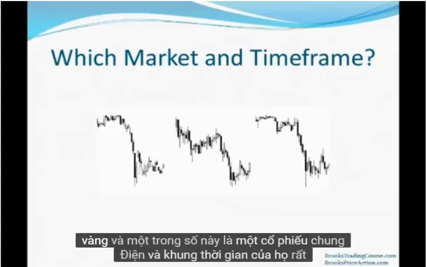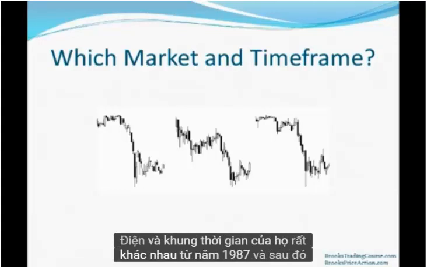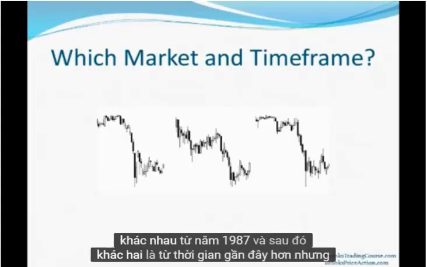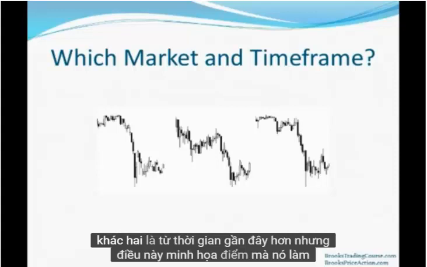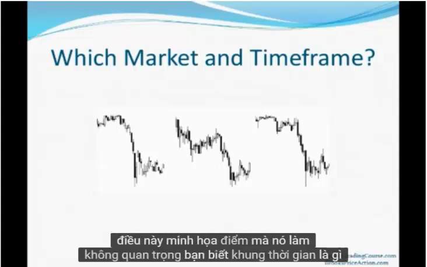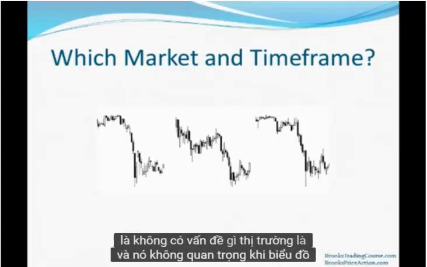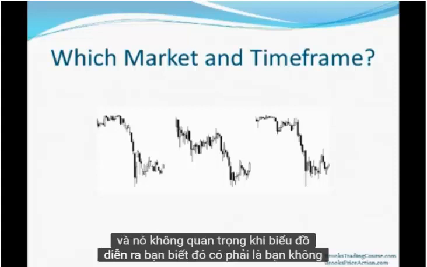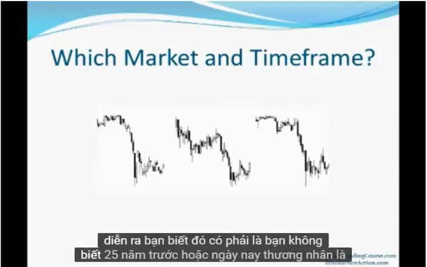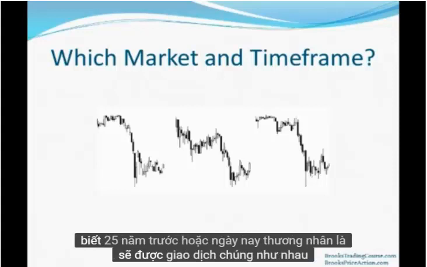And their time frames are very different. One's from 1987, and the other two are from more recently. But this illustrates the point that it does not matter what the time frame is, it does not matter what the market is, and it doesn't matter when the chart took place, whether it was 25 years ago or today, traders are going to be trading them the same.